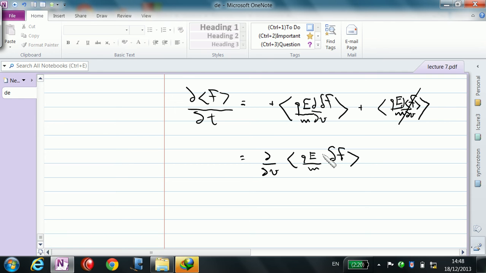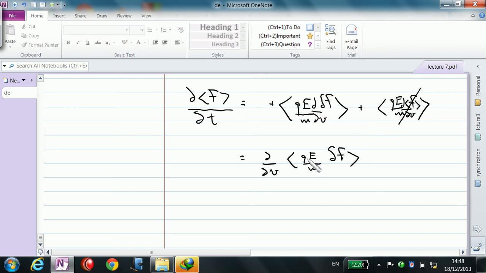Now here's the thing, E and delta F, even if I assume e to the i kx minus omega t dependence, can still have a spatial average because the phase of F correlates with the electric field.